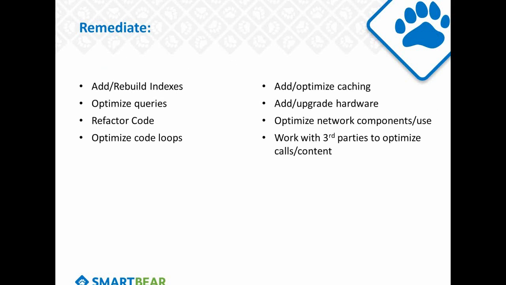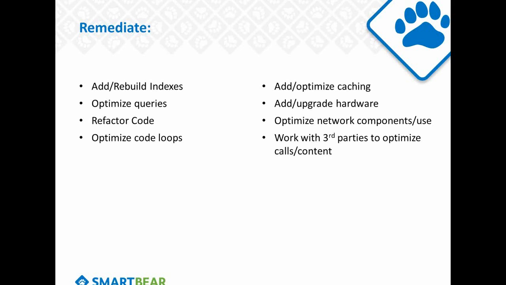When you remediate these things, you're going to be adding or rebuilding your indexes. You're going to be adding or optimizing your cache. You'll be upgrading hardware, adding new hardware, optimizing network components and settings. You'll work with your third parties to optimize any of those calls.